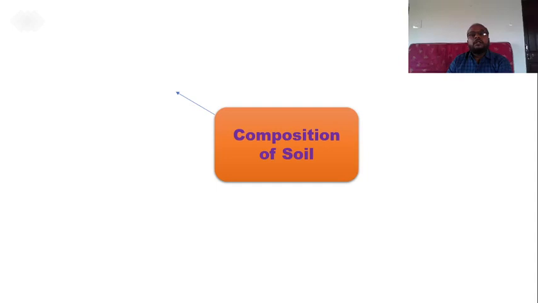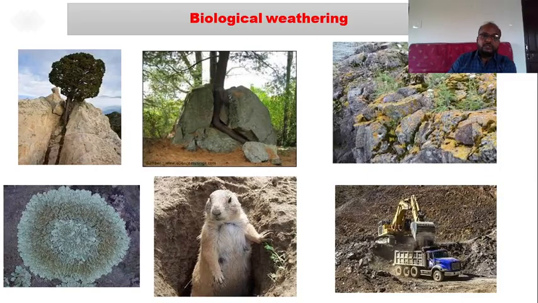Then the second point we have to discuss is called pedogenesis. Pedogenesis is nothing but the weathering of rock forming soil particles, and these soil particles are mixed with organic matter, that is, the remnants of plants, animals, and microorganisms, that means algae, fungi, bryophytes, gymnosperms, pteridophytes, and angiosperms.